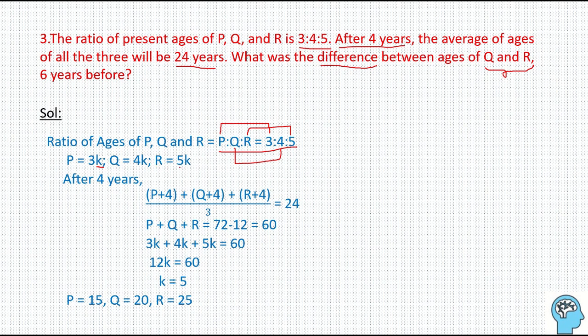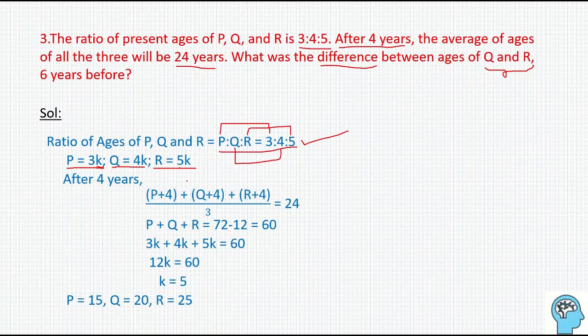Now if you take the P is to Q is to R ratio, this constant K is going to cancel, so you didn't diverge from the given condition. Okay, so these are the values of P, Q and R.